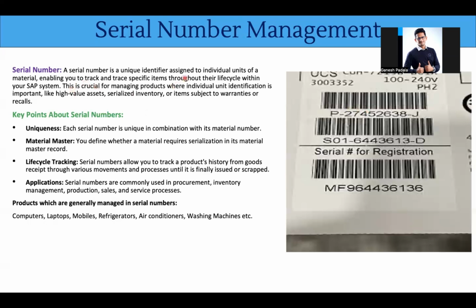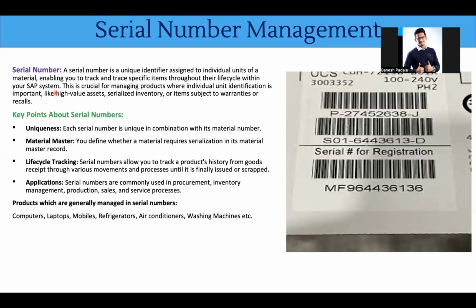It's a unique identifier assigned to individual units of a material, enabling you to track and trace specific items throughout their life cycle. It will be useful for the warranty. When you are buying a product, you can trace your warranty.